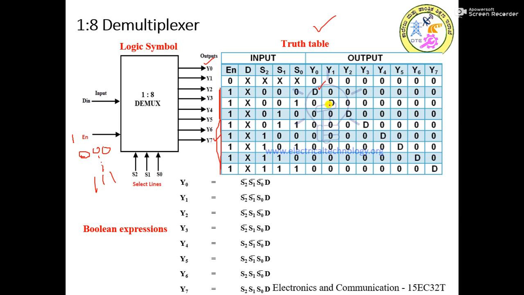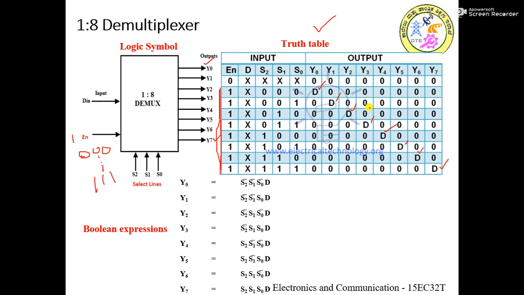Similarly, with 0, 0, 1, Y1 is selected. With 0, 1, 0, Y2 is selected. With 0, 1, 1, Y3 is selected. With 1, 0, 0, Y4. Similarly, Y5, Y6. With 1, 1, 1, the last output, Y7, is selected, and the information on the D input line appears on the last output line Y7.